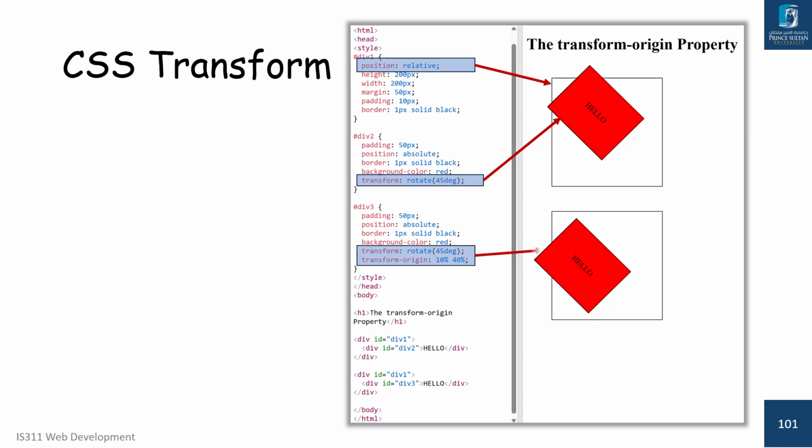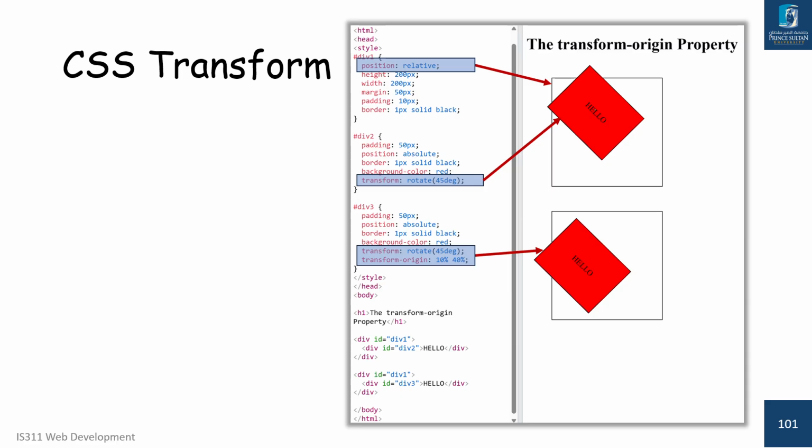Then we can also have this one, transform rotate and transform origin. So now we rotate 45 degrees, but we are saying that the origin should not be the center at 50% 50%. We are moving the center of the rotation somewhere here. Let me put the pen down and change the color to green.